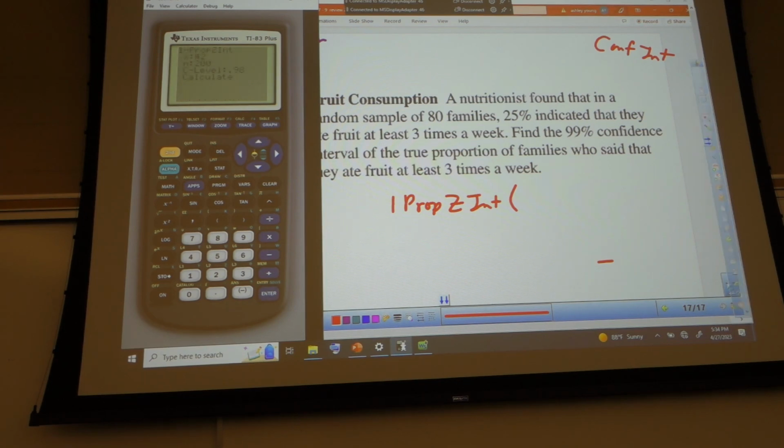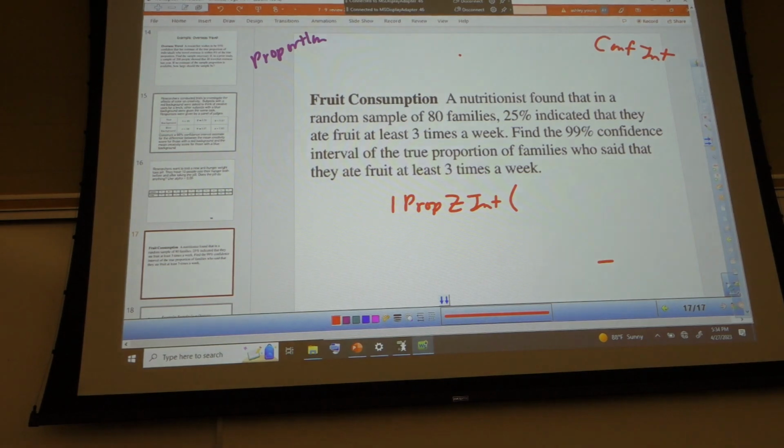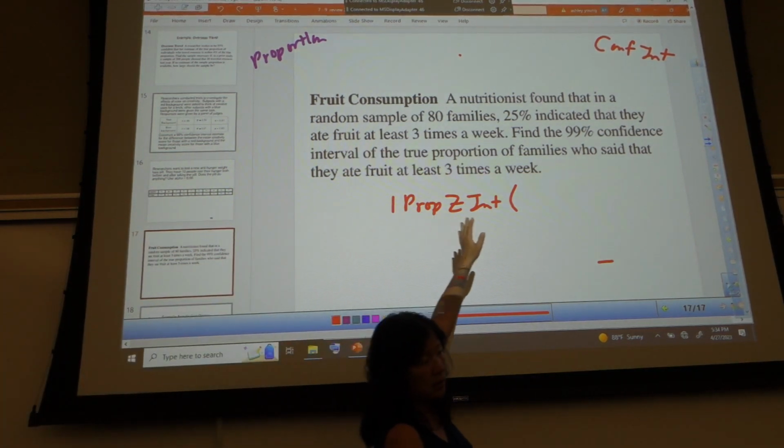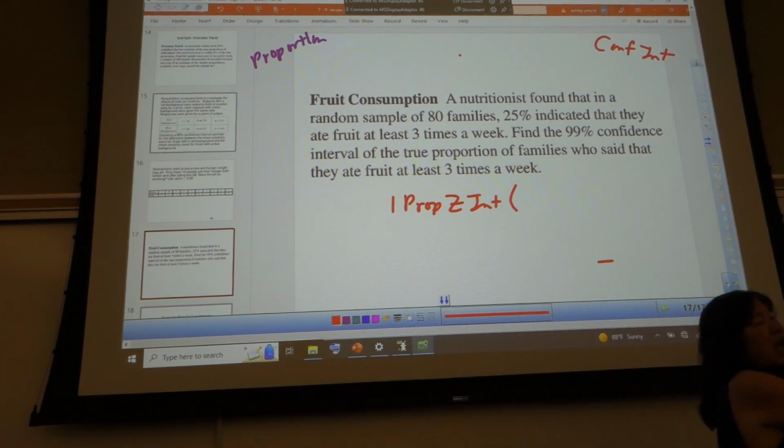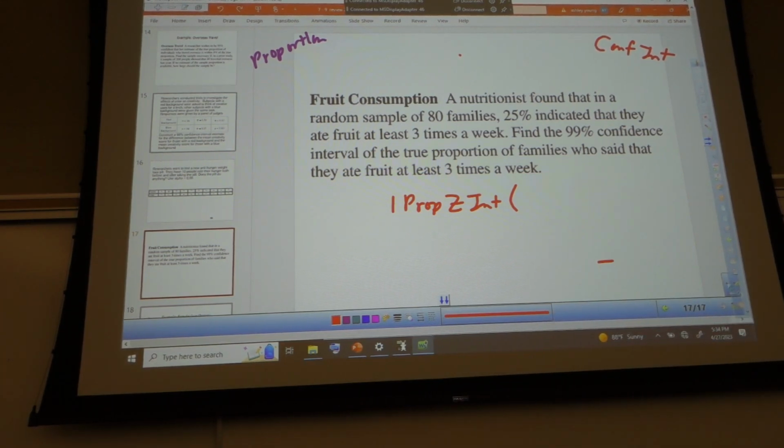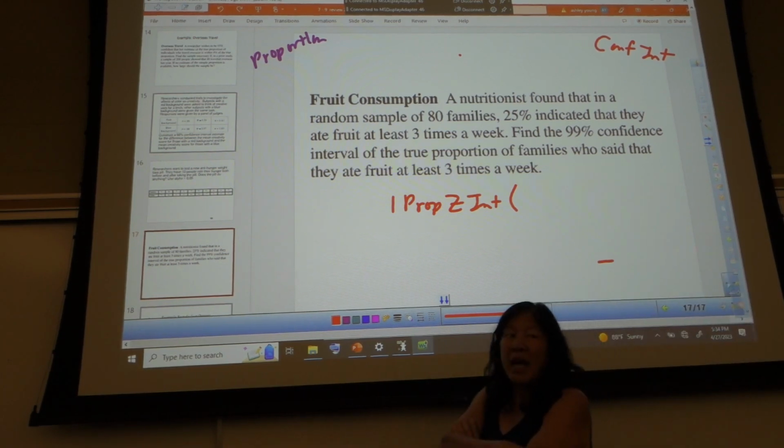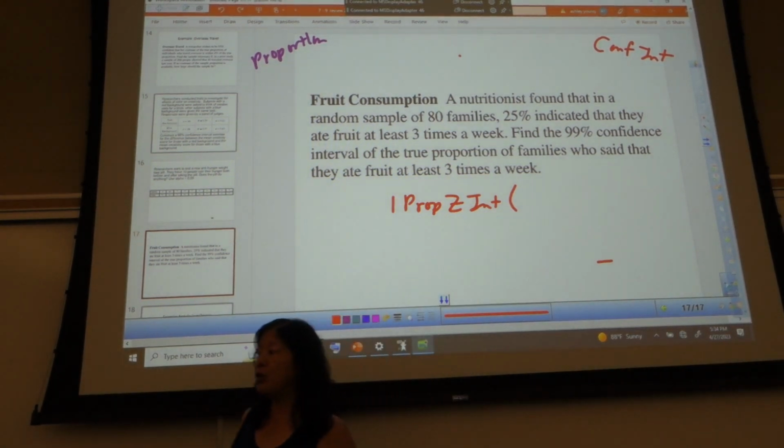Is my x 0.25? No. Is my x 3? No, you would have to multiply. So again, I'm always given n. What's my n? 80. And then I'm either given p hat or x. 25%, is that p hat or is that x? It's p hat. We have to find x. How do we do that?